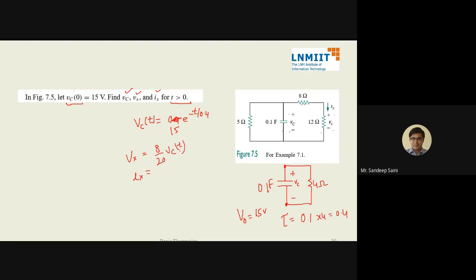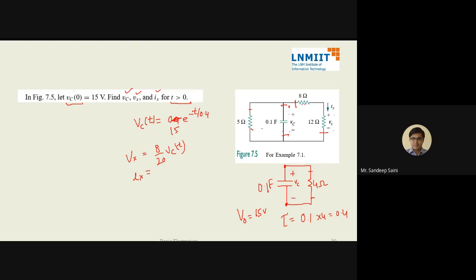Any problem in this? See, this is Vc, which is across this capacitor. The same voltage is across 5 ohm. Same voltage is across 20 ohm. Same voltage is across 4 ohm. Is this okay to everyone?